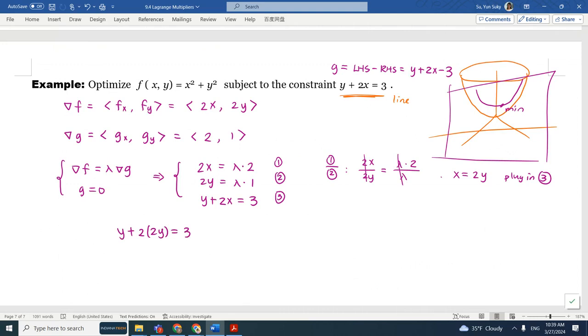What is 2 times 2? 4y. What is y plus 4y? 5y. Don't move the x to the other side, because then you can combine the y on the left. What is y? 3 over 5. Good.